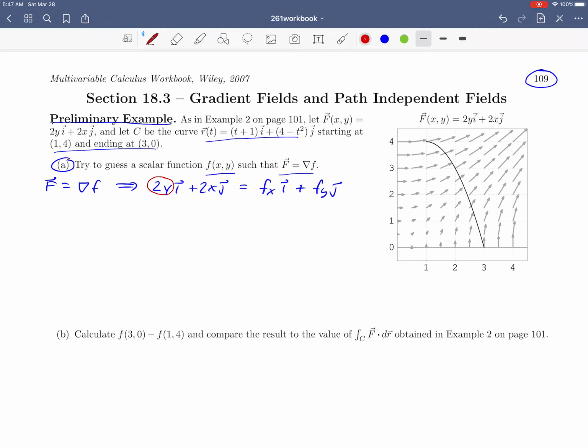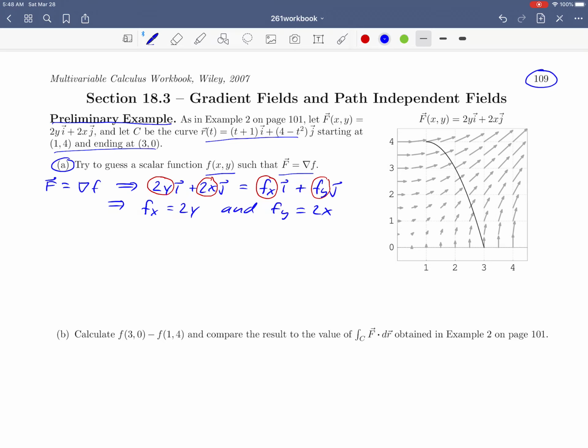So we have an equation that involves two vectors set equal to each other. And so for that to be true, we need the two i components to be equal, which means that 2y has to equal fx, and we need the j components to be equal. Okay, so 2x has to equal fy. So we really get two separate equations. Let's write both of those down.